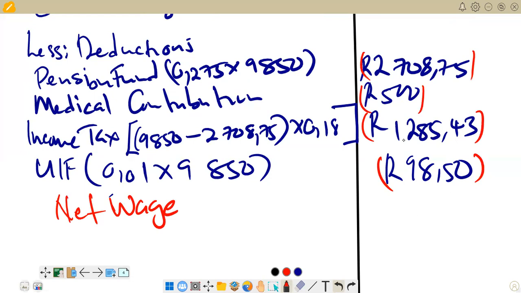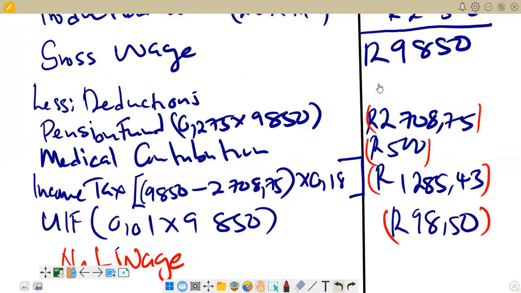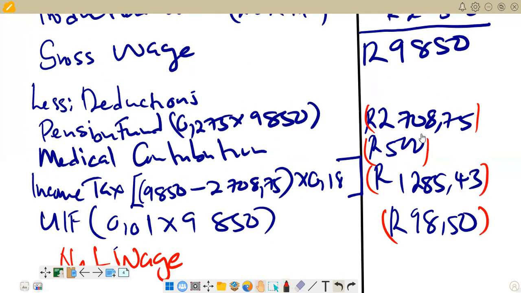So we subtract there. So what are you going to say there? We're going to start from the 9,850 minus we have got 2,708.75. Then we subtract again 500. We subtract 1,285.43. We subtract 98.50. So there we try to see what do we get there. Let's try to calculate there.